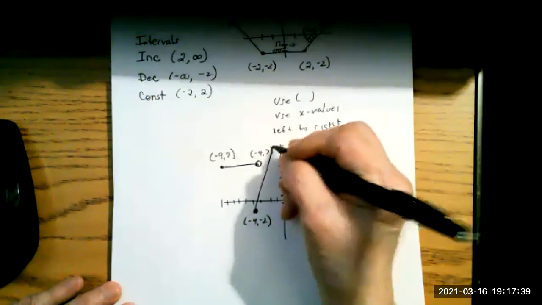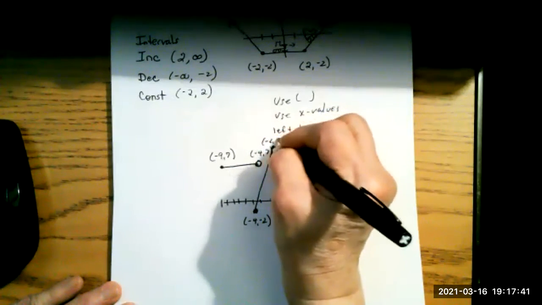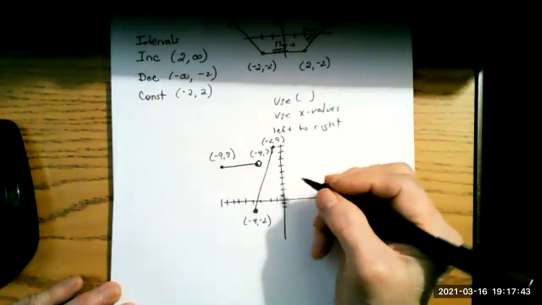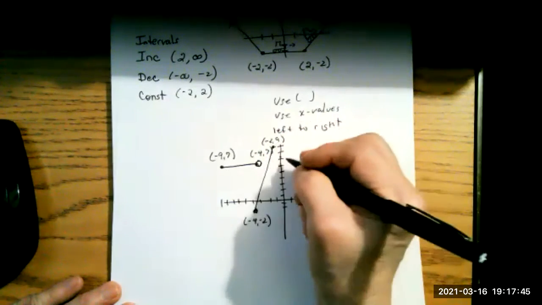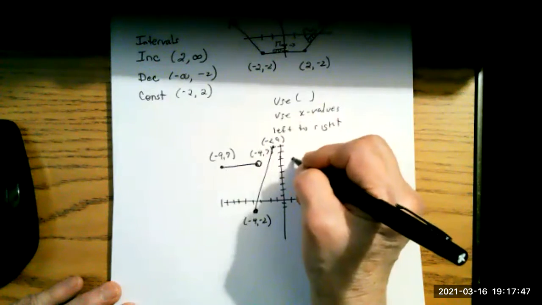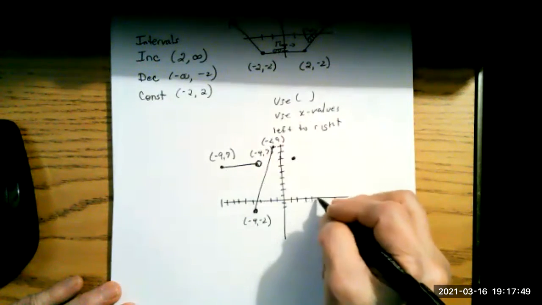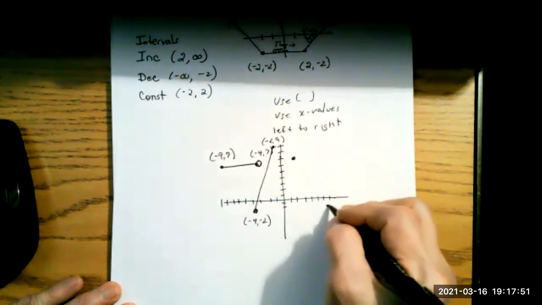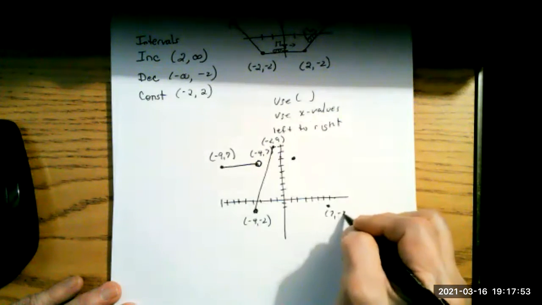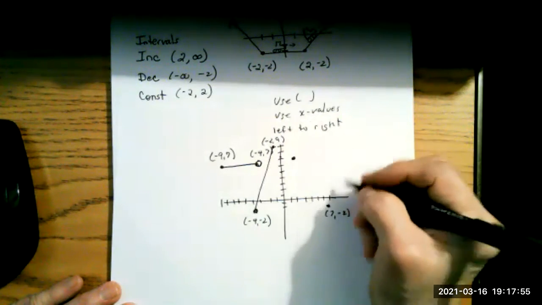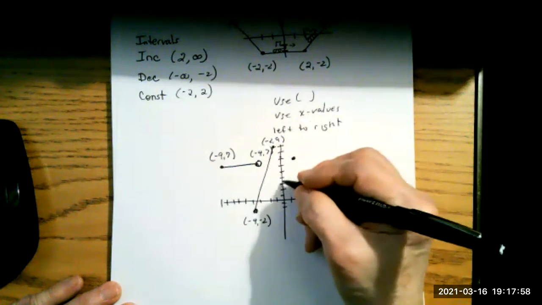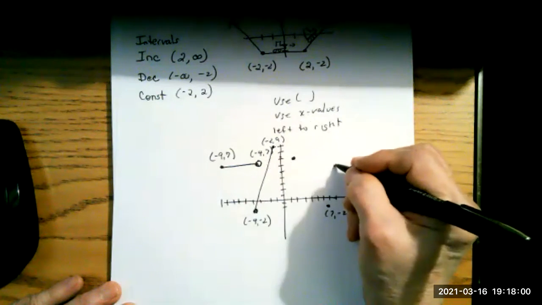Okay, goes up there. 2, 7. 7, 2. It's a negative 2. And 8, 5.